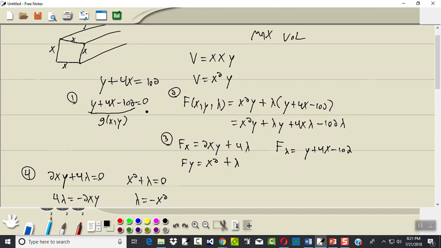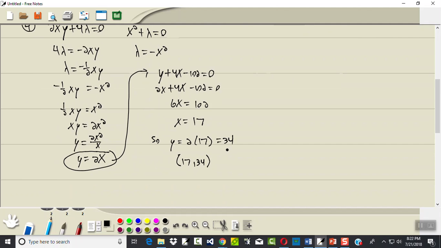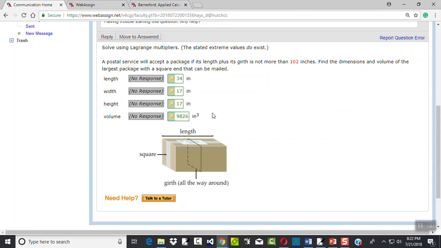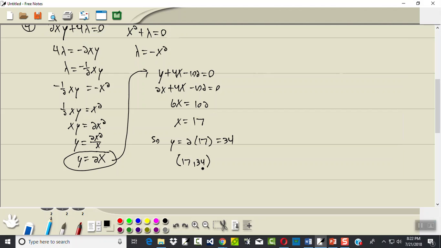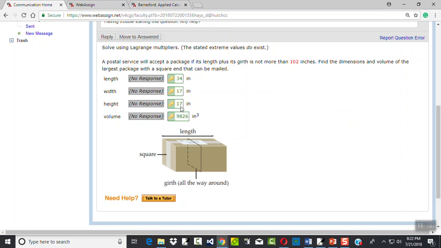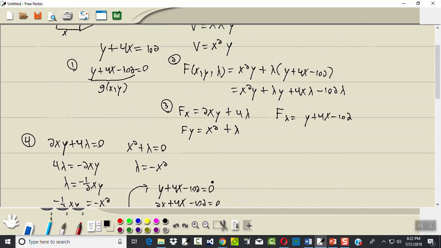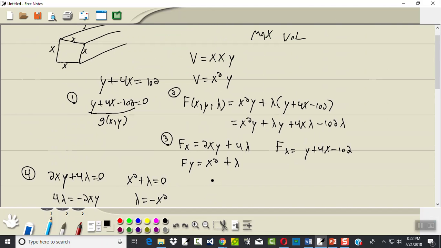Y would be 102. That's interesting. But anyway, it doesn't make any sense for a min, so that's our max. Let's see what the problem's asking for, though. Okay, so we got 17, 17, 34. Now for the volume. If you're wondering how they get that, I'm not going to finish this problem. But you come up here, and here's our formula for volume. So you plug in your x and your y, and that'll give you your answer.